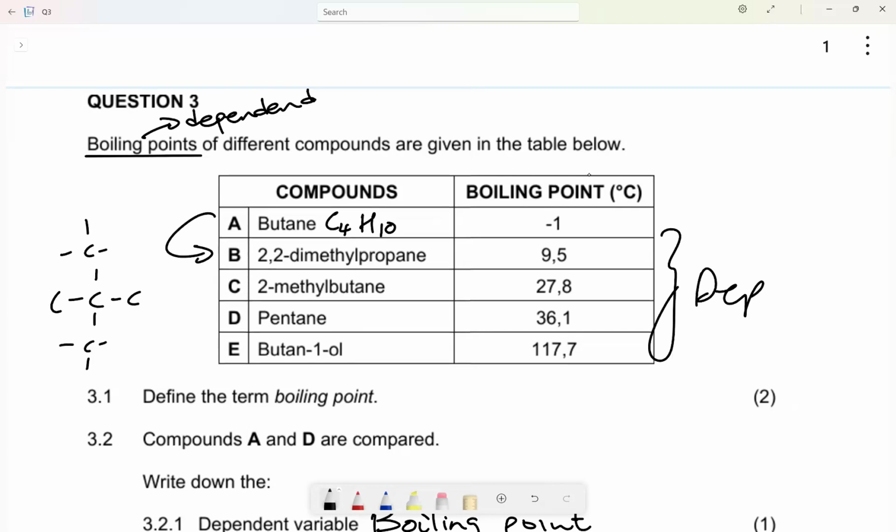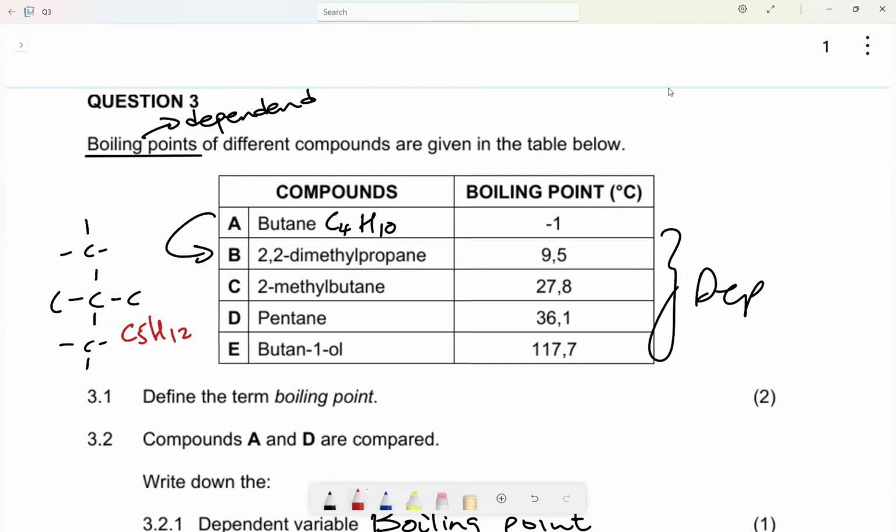Two branches. Is it a fair comparison? No. Why? Because this one has C5H12. Let's try to check the type of independent factor here.